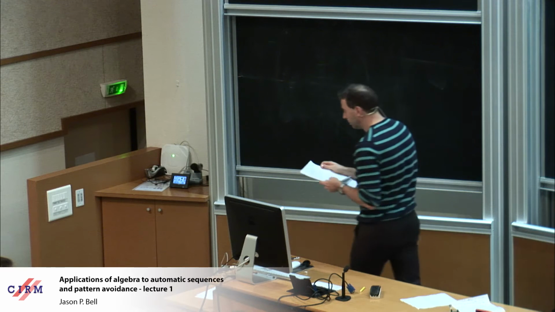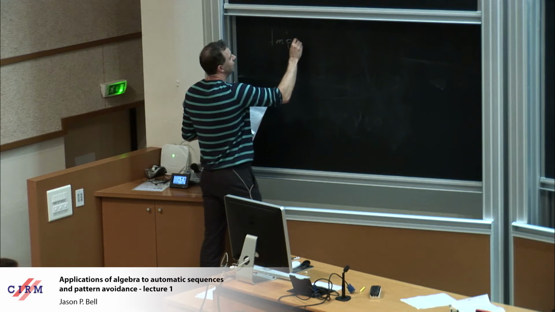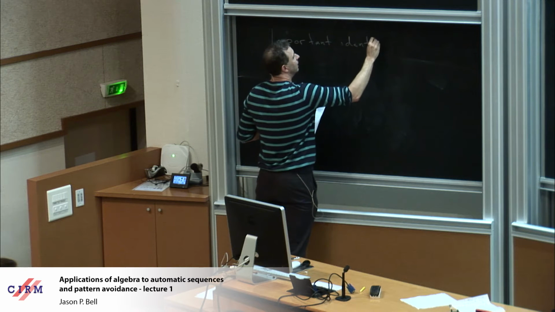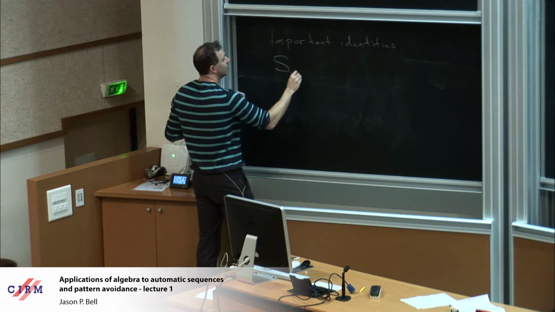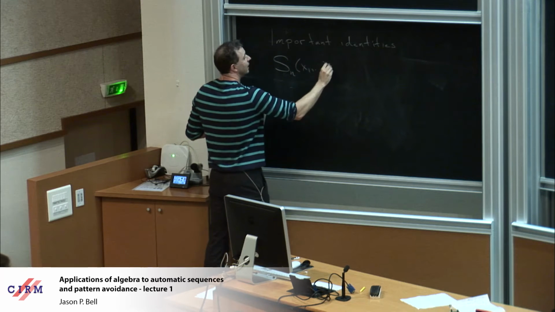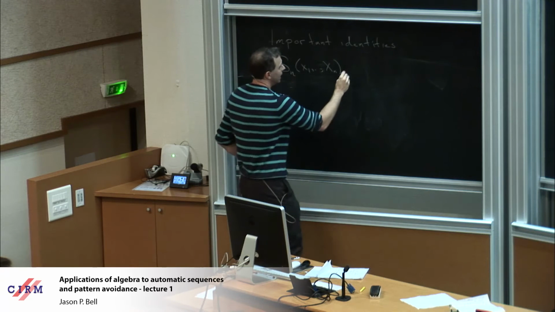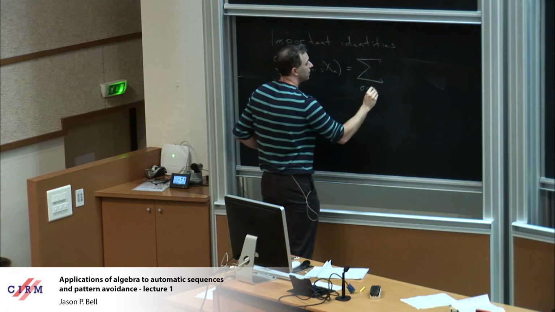So I'll just say some important identities. The most important is this identity, S_n. The way it's defined, it looks a bit like a determinant.